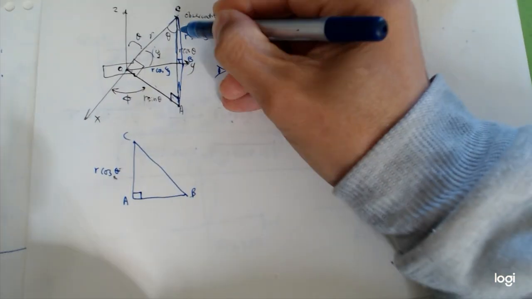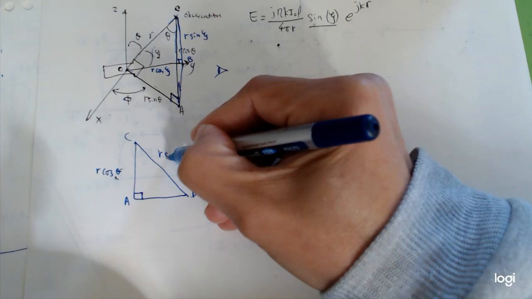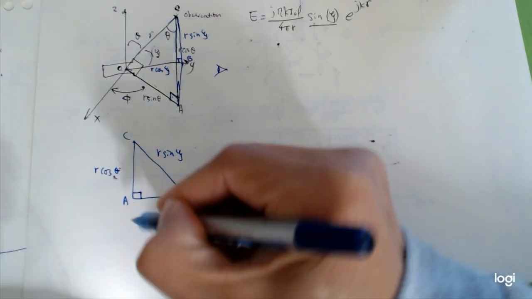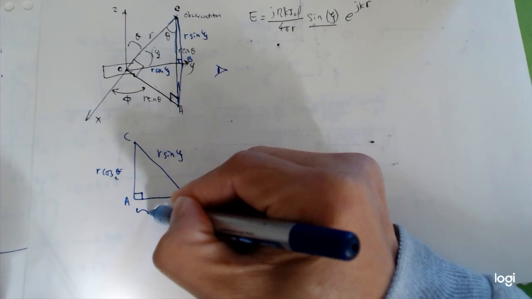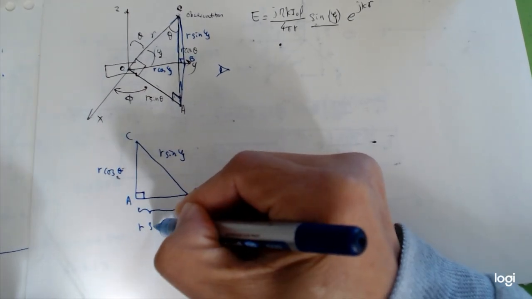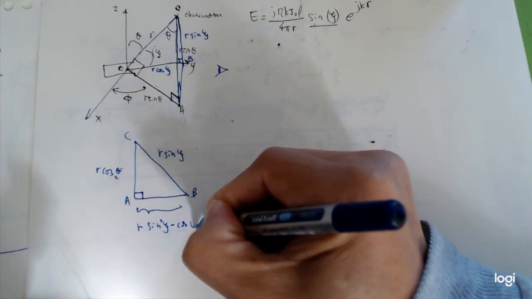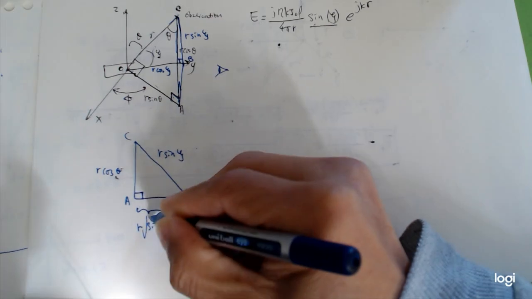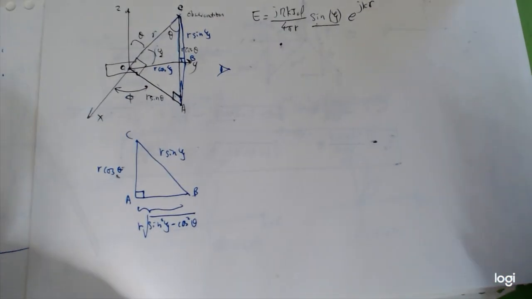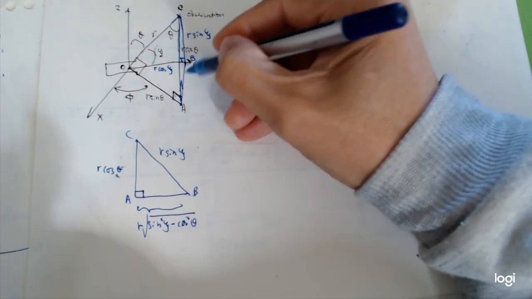The size here is equivalent to r sine psi. So obviously the length here is r times the square root of sine squared psi minus cosine squared theta. So this length here is equivalent to this length.